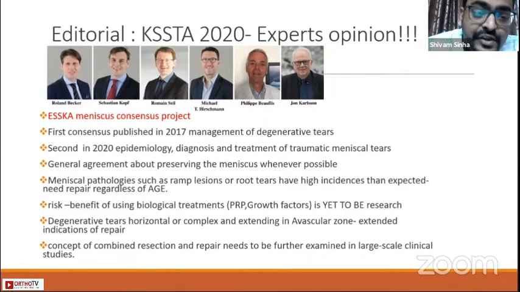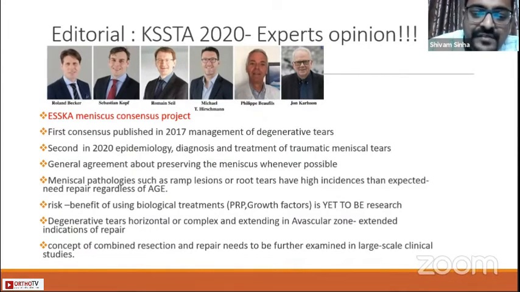The risk-benefit of using biologics like PRP and growth factors is yet to be researched, and it's an open arena. Degenerative tears, horizontal, complex, extending into the avascular zone, are becoming an extended indication for repair, because the less the tear is addressed, the more degeneration will continue. So the tear has to be addressed by something amenable for repair.